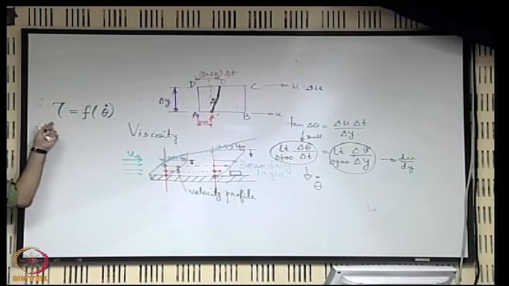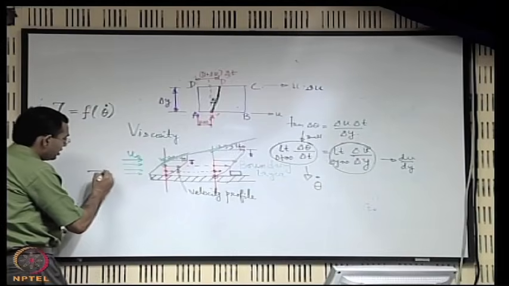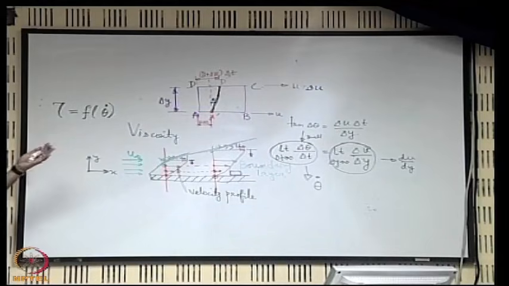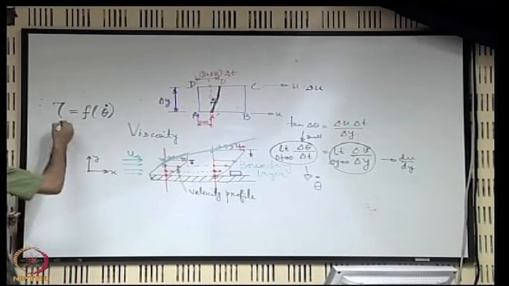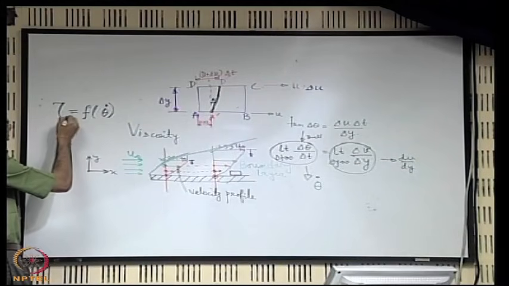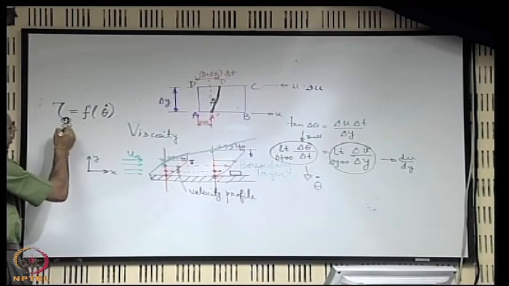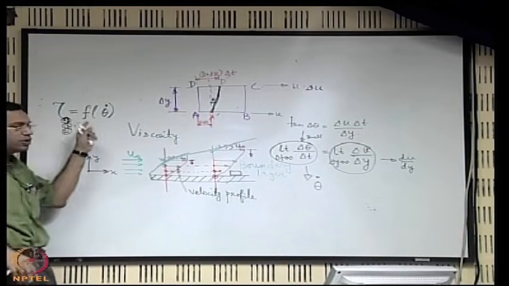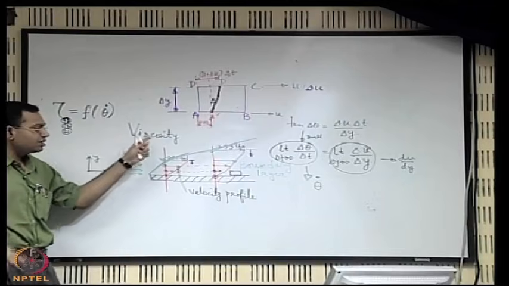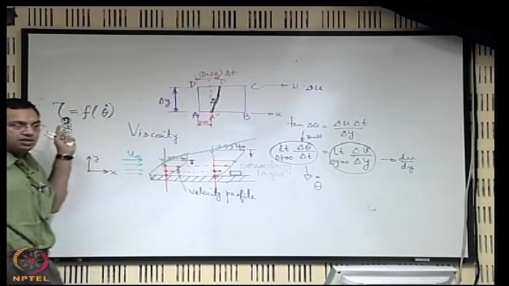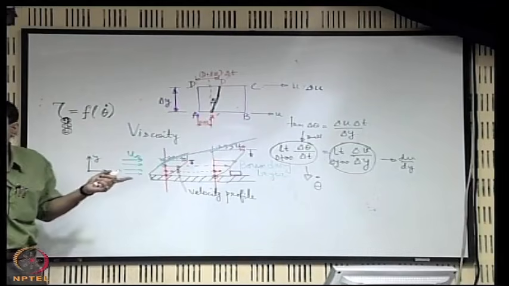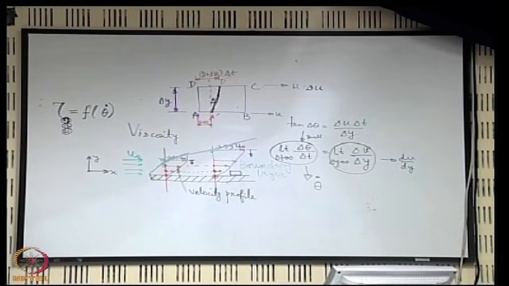Say if this is the x axis and this is the y axis, maybe 1 2 or 2 1, because tau 1 2 and tau 2 1 are the same, or even you can write tau xy, but here we will just omit the subscript because we are looking for only one particular component of the stress tensor, and other components are not relevant for this. So we will just call it tau to keep the notation simple.